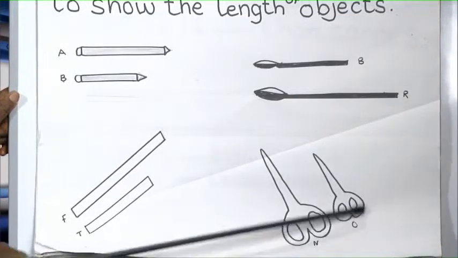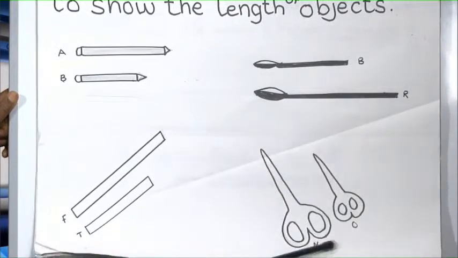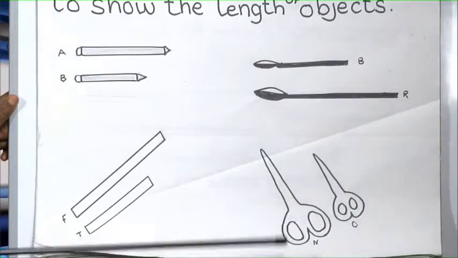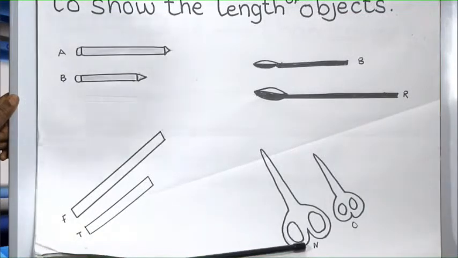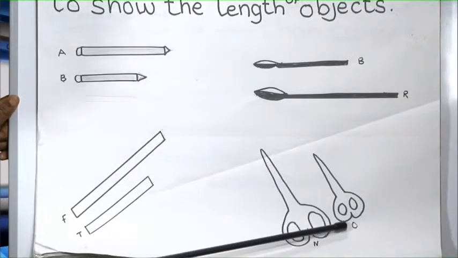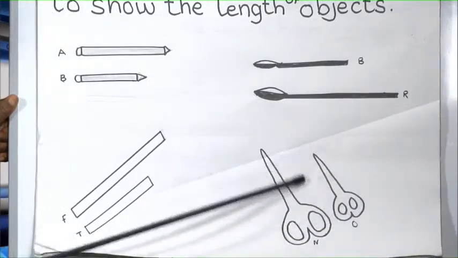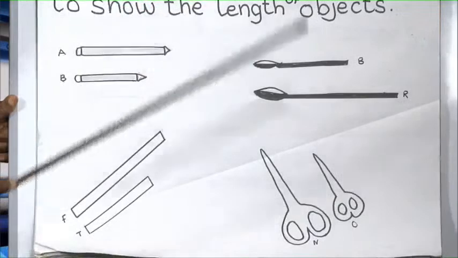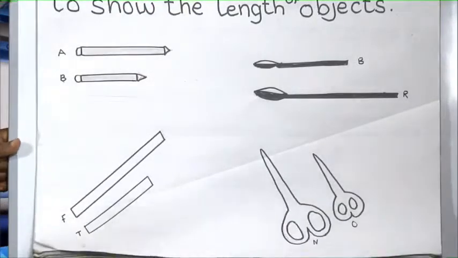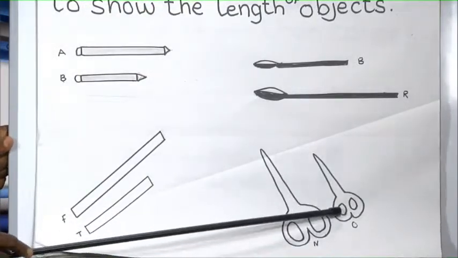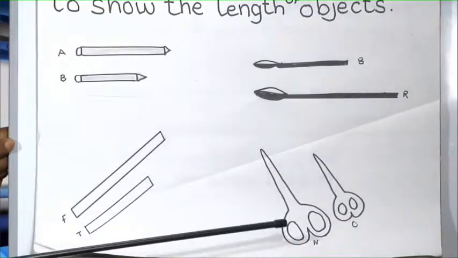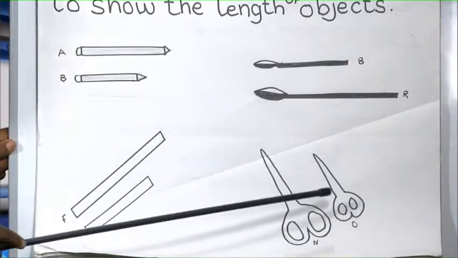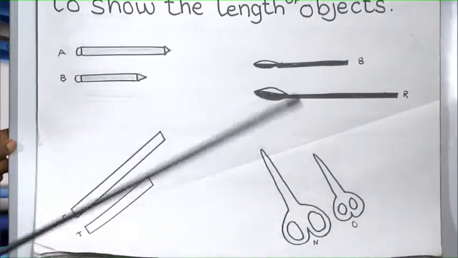Now let's see the pair of scissors here. How many pairs do we have? 2. We have N and O. Look at scissor O. Scissor O is something to scissor N. You're on the right path.